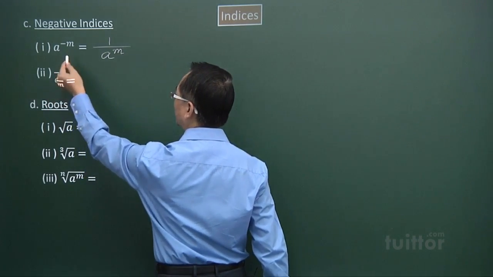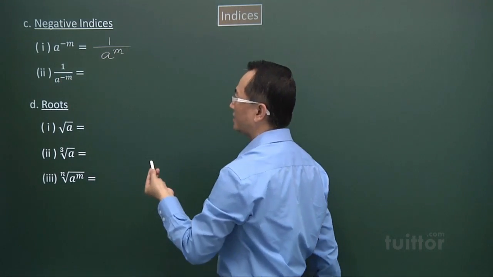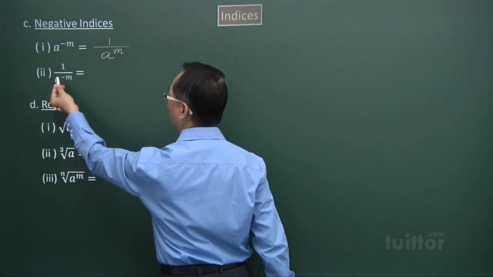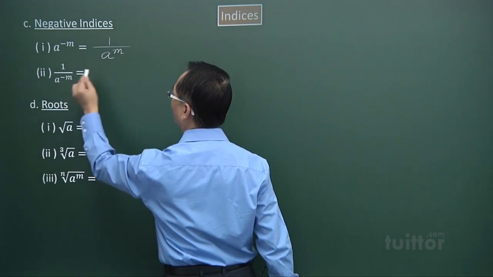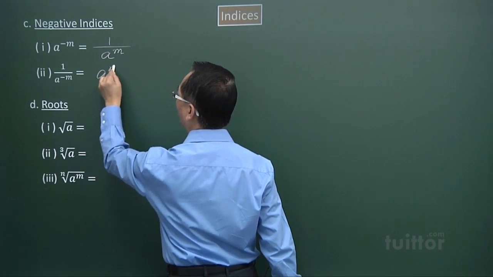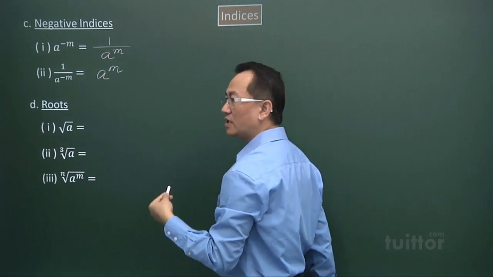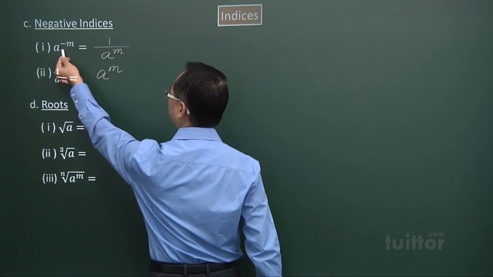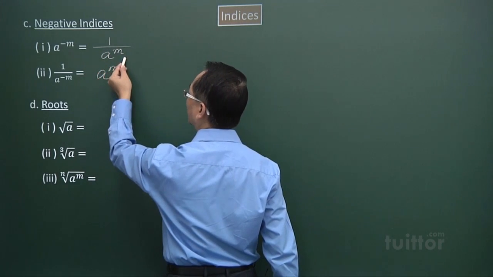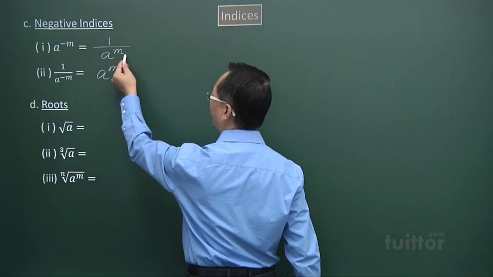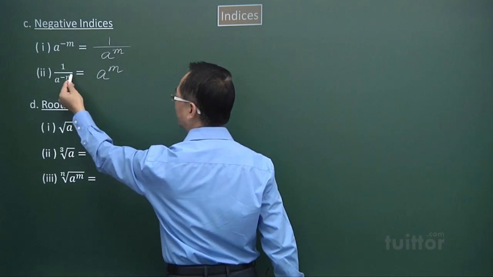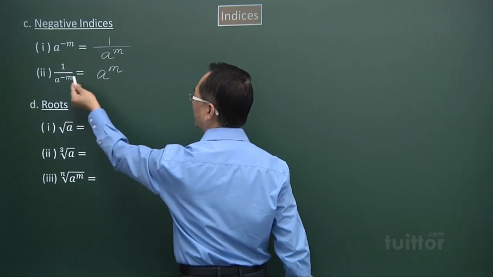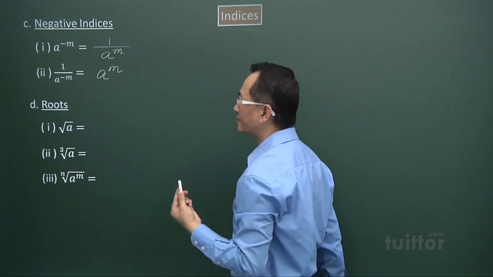So it's 1 over the reciprocal of a to the power of minus m without the negative sign, and therefore I will have a to the power of m. In other words, to make it simple to remember: numerator, denominator without the negative sign for the index. Denominator, numerator without the negative sign for the index.